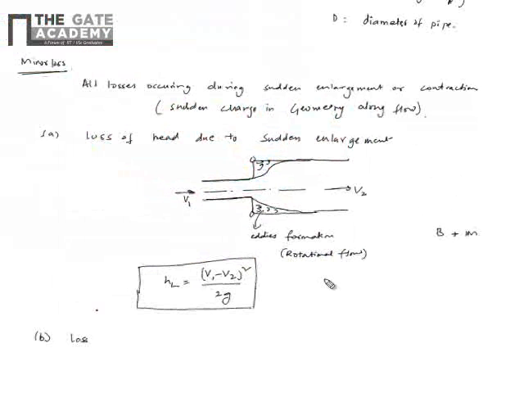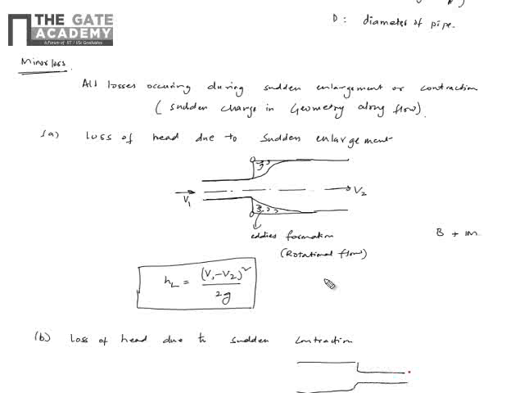Okay. And then if you have sudden contraction, loss of head due to sudden contraction. Well, the initial was sudden expansion. Now flow is taking place in a larger diameter pipe, and suddenly you ask it to follow a smaller diameter pipe. So what happens?